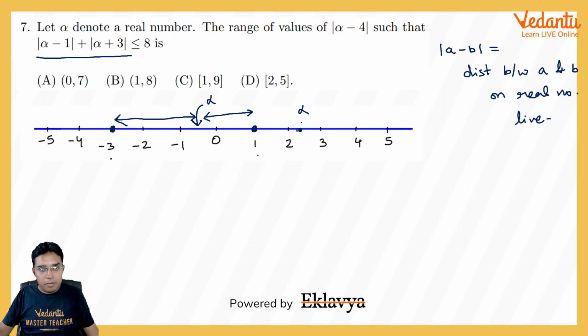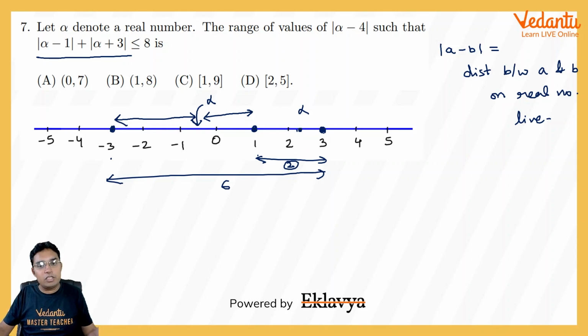So I think at most I can increase this alpha to be 3 only. Why am I saying 3? Because then the distance from 1 will be 2 and the distance from -3 will be 6, and these distances are getting added, so that is the maximum possible value of alpha that we may have. I hope you are getting what I am trying to say.